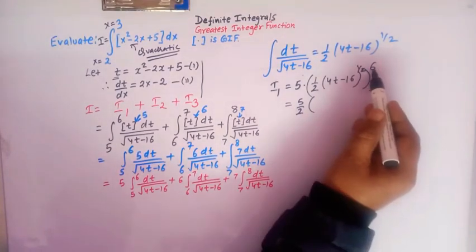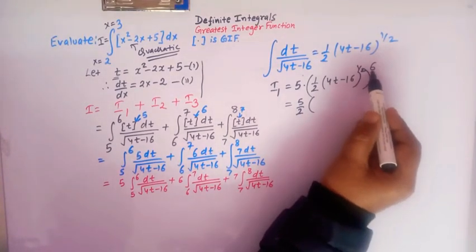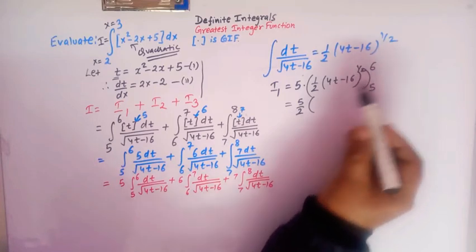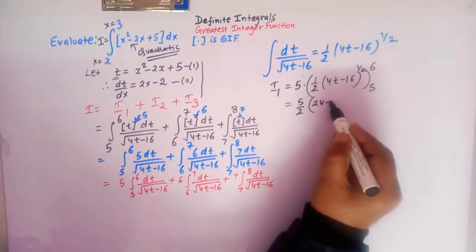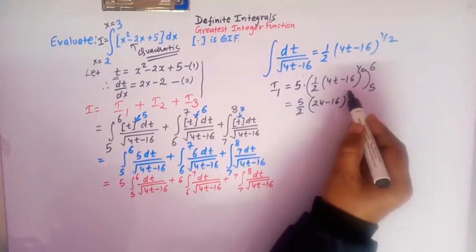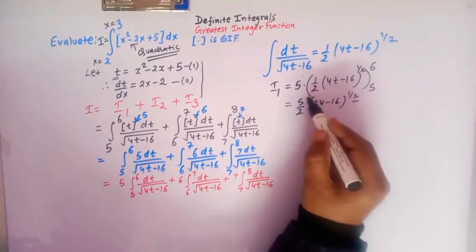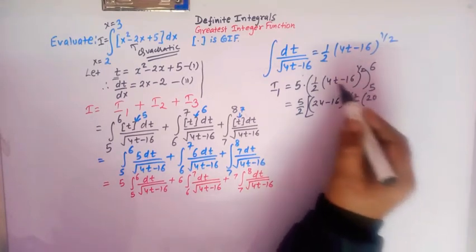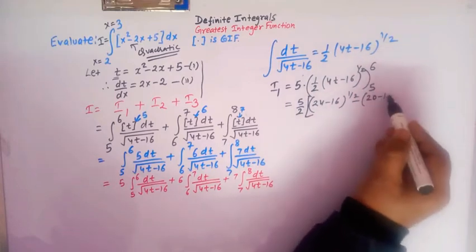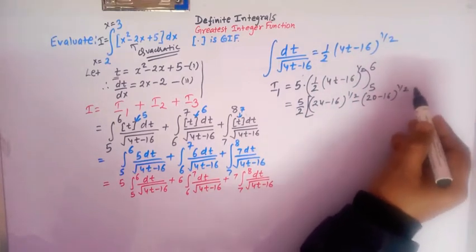So now taking t equal to 6, here we have 24 minus 16 to the power half, minus, taking t equal to 5, we have 4 fives are 20 minus 16 raised to 1 over 2.